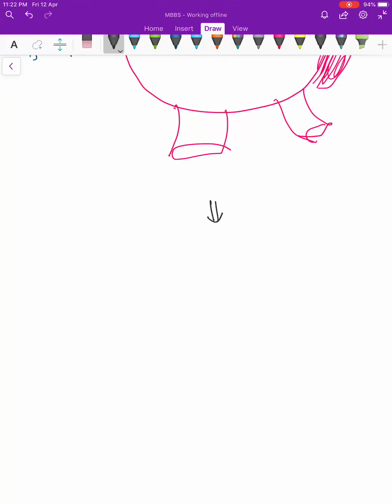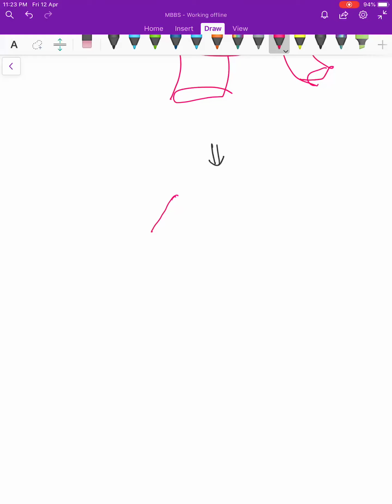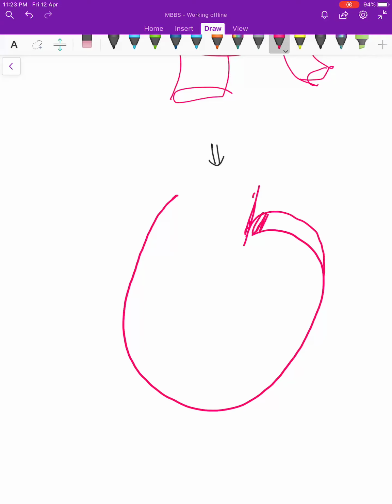Okay, in the next image it will look like this, and this is the atrium.